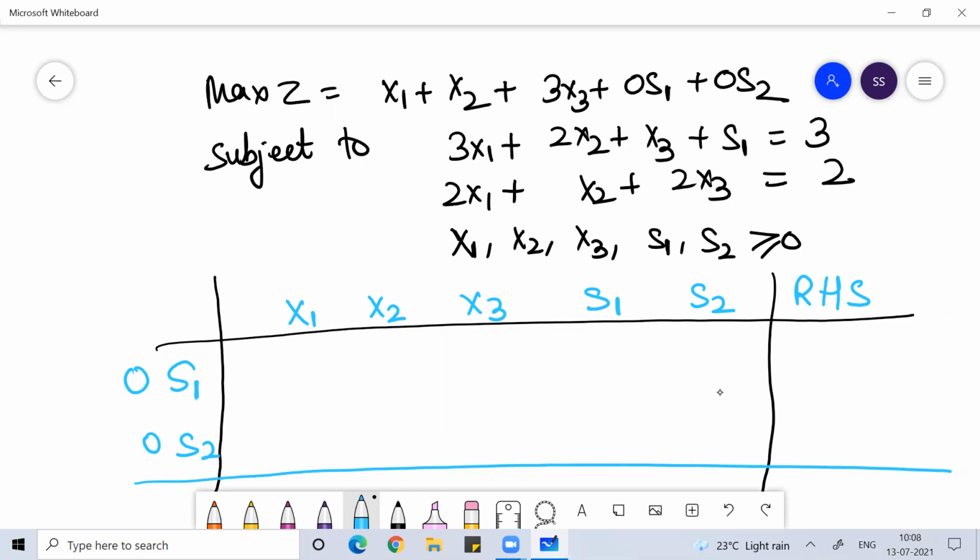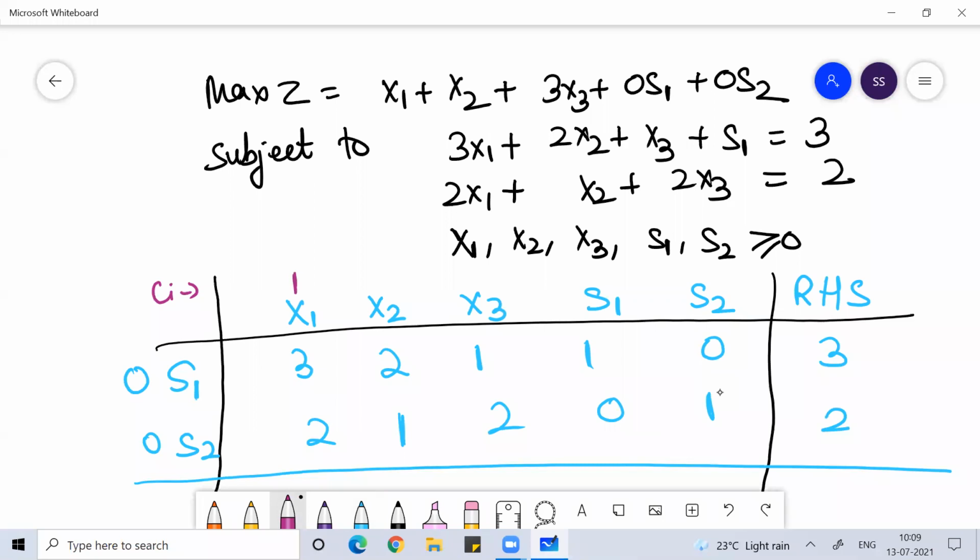Here you can write the coefficients 3, 2, 1, 1, 0. Here write the coefficients 2, 1, 2, 0, 1. Write down the RHS, 3 and 2. Done everyone? This is called the Ci value. Write down the coefficients of the objective function: 1, 1, 3, 0, 0.